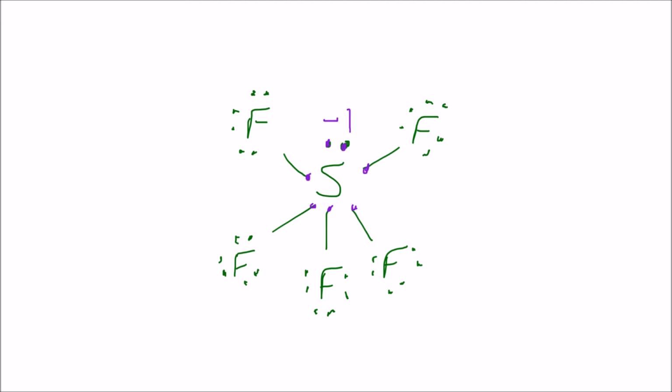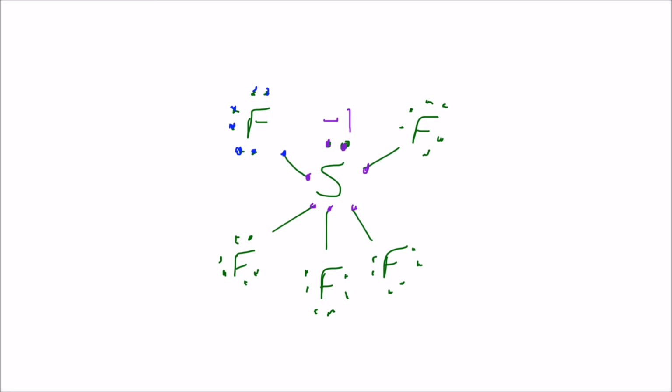Okay, let's check the fluorine. I say that 1 electron out of that bond belongs to fluorine. Okay, and then I'll go around and count up the electrons that fluorine has. Fluorine is supposed to have 7 valence electrons according to the periodic table. So right now it's got 1, 2, 3, 4, 5, 6, 7.